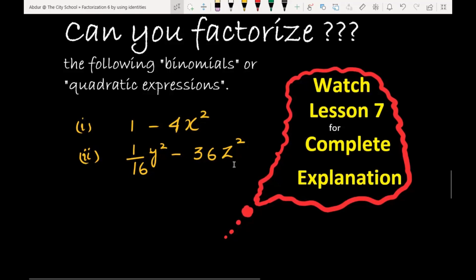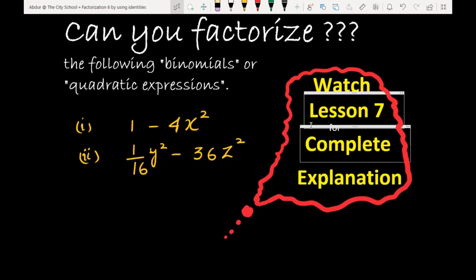If you can factorize these expressions, you can check your answer in lesson number 7. If you cannot factorize them, you can watch lesson number 7 for a complete explanation.